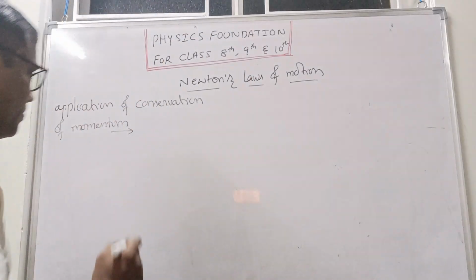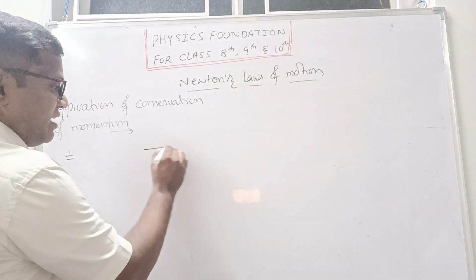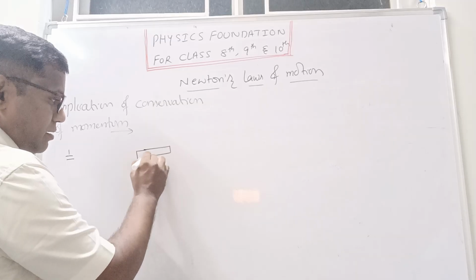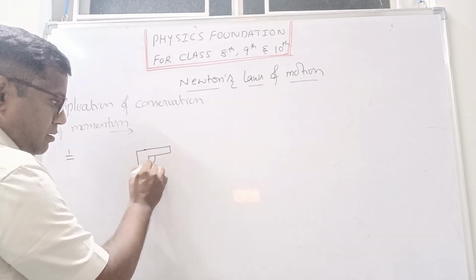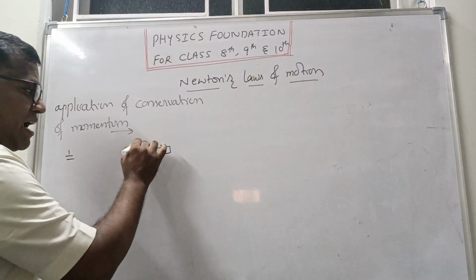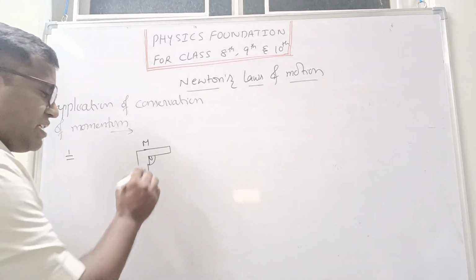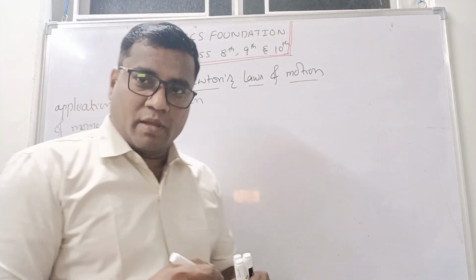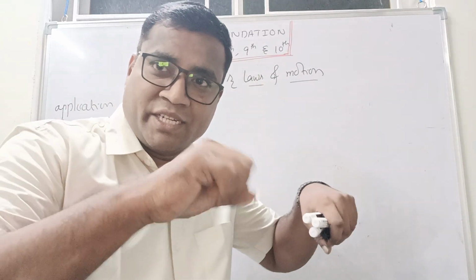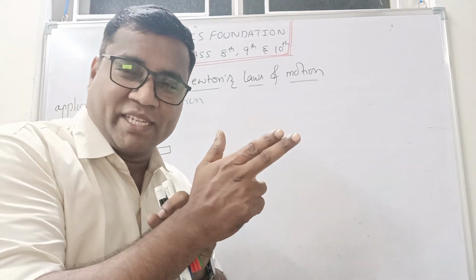First application: here a gun is given, of mass capital M. Initially I have the gun and inside the gun a small bullet is there.